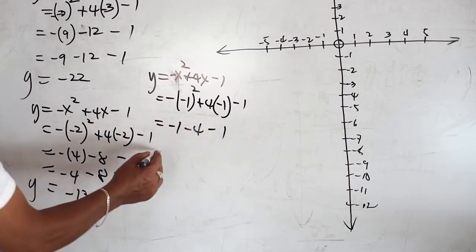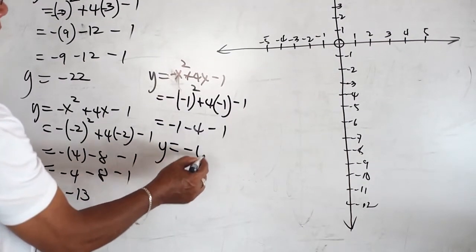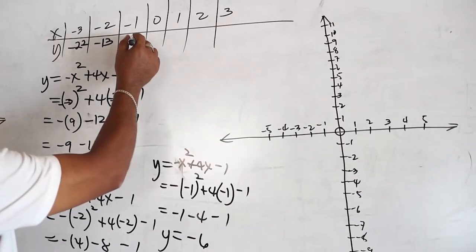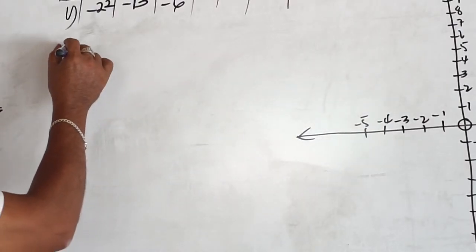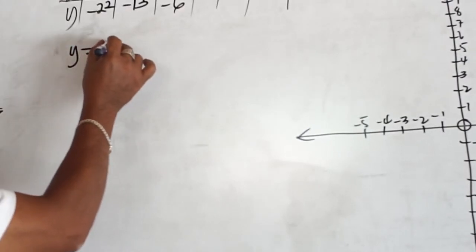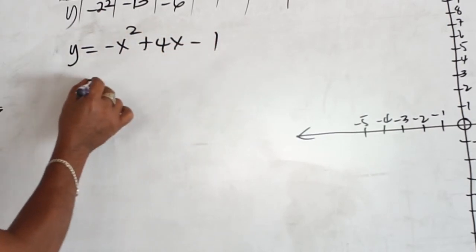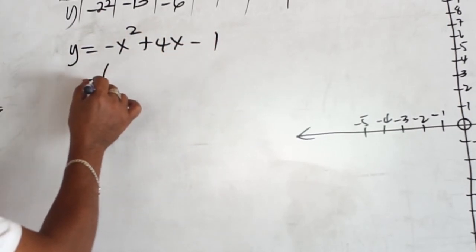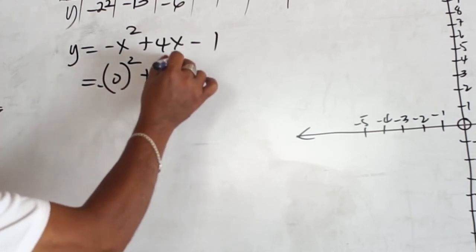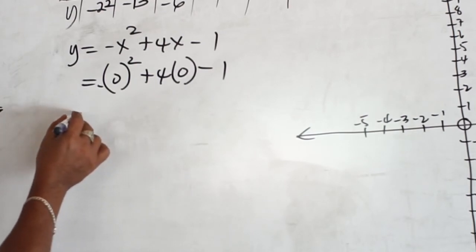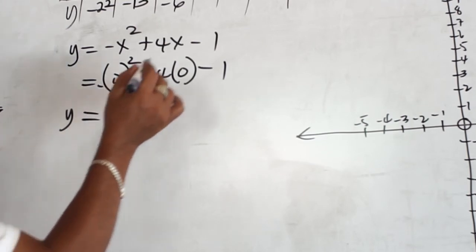Then we have negative 1. So the value of y is equal to negative 6. If the value of x is 0, we have negative 0 squared, then positive 4 multiplied by 0, then negative 1. So the value of y is equal to negative 1.